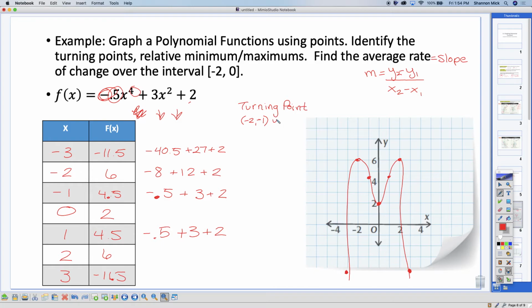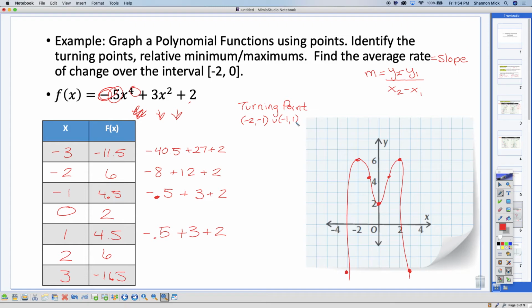And there's also, remember that union? Is there a turning point somewhere? We don't know that this 0, 2 is my relative minimum, do we? But somewhere between -1 and 1, there's one.